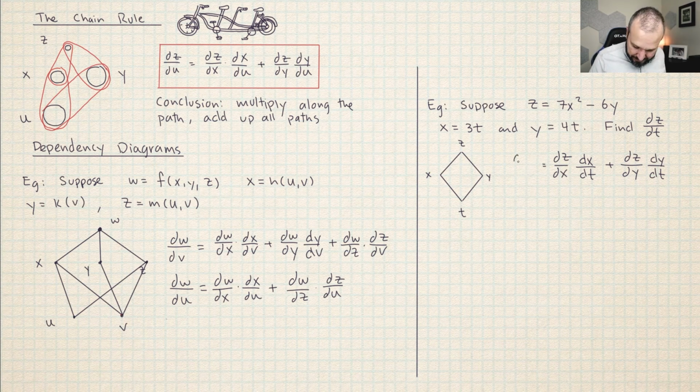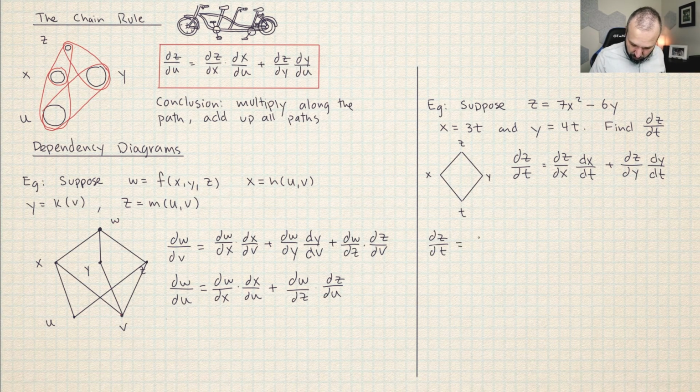And then hopefully you can see here that I'm just using my little dependency diagram to find all the paths from z down to t and then multiply along the paths and then add each one of those paths together.